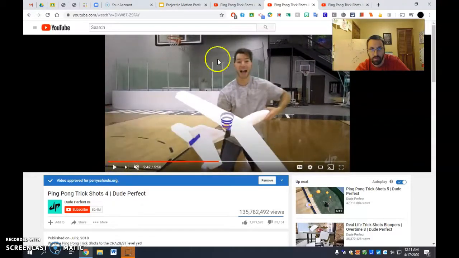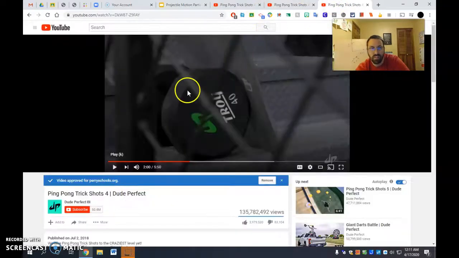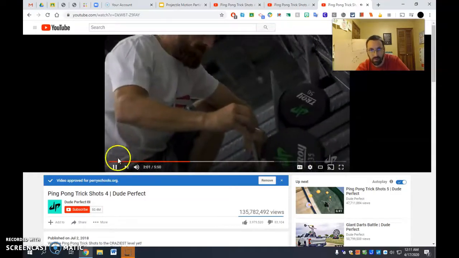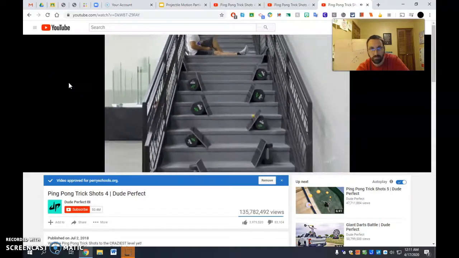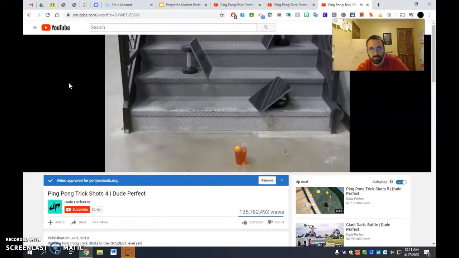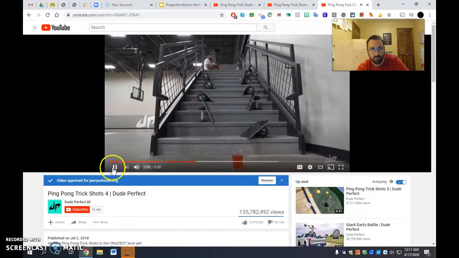So that would be throw up B. A throw up C shot is where it starts up high and it ends down low. So this is an example of a throw up C.